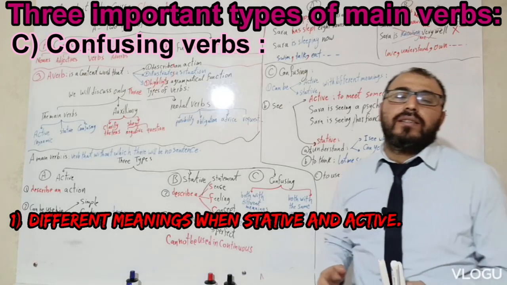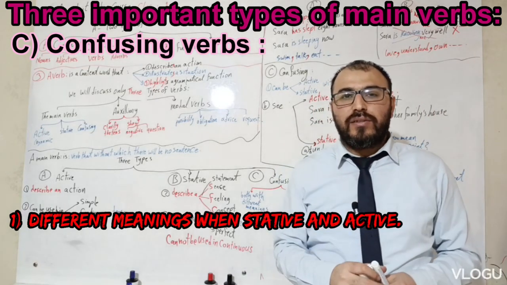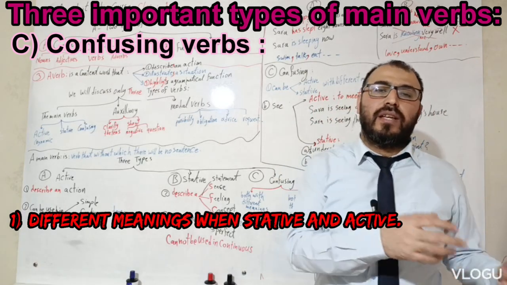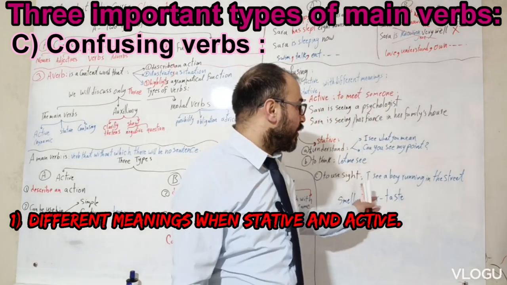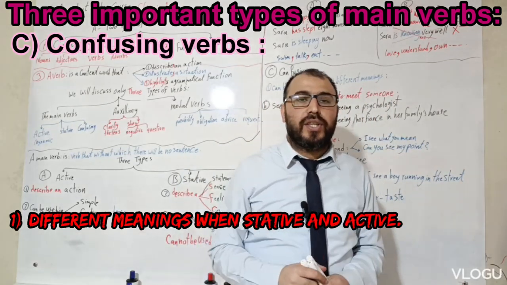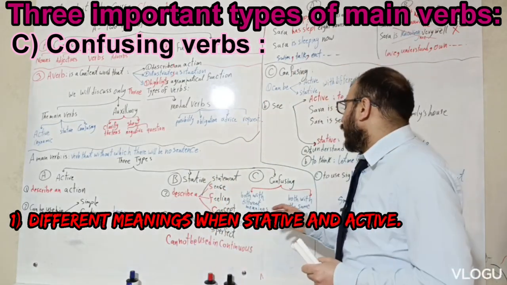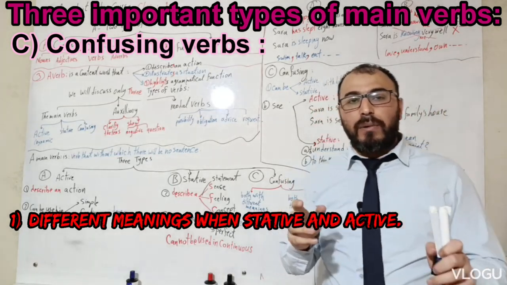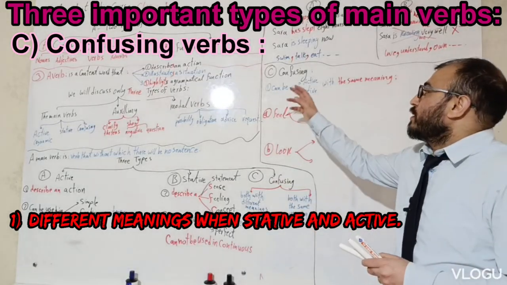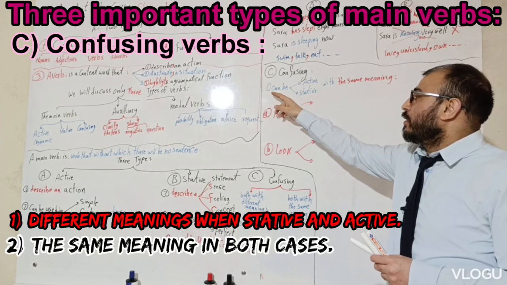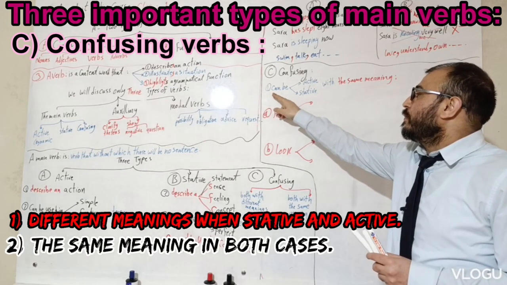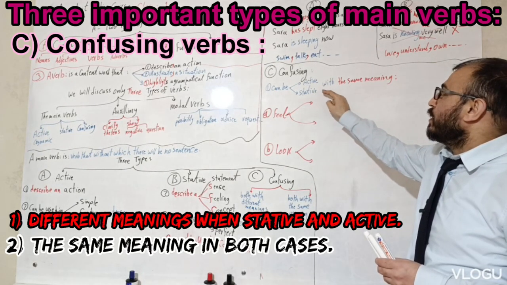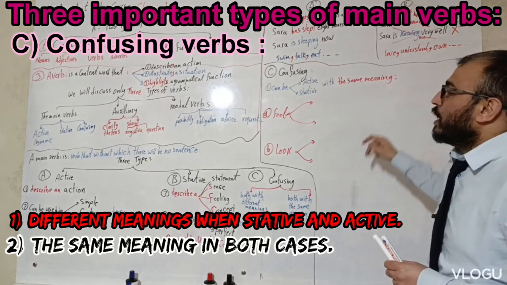And you will, my friends, find a lot of appendixes in the grammar books about those verbs explained very thoroughly, and explaining them, in my opinion, is obsolete because we don't have enough time. Now, my friends, let's talk about the second type of confusing verbs, which is the verbs that can be used as active and stative verbs with the same meaning.